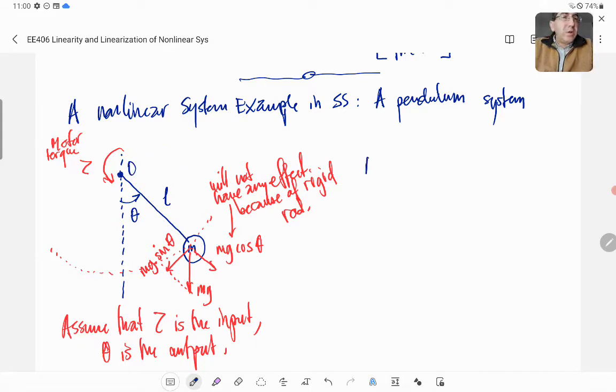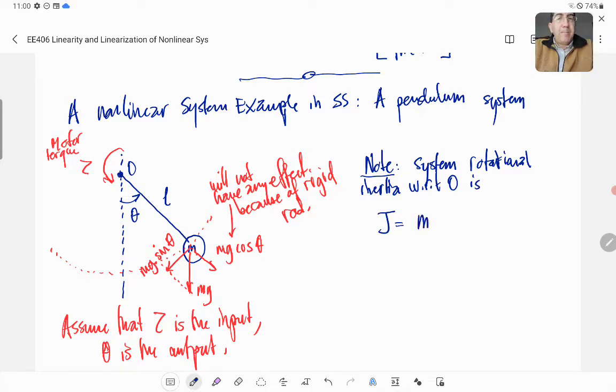Okay, so note the system rotational inertia with respect to O is basically J, which is m times L squared. Okay, so the system has an inertia with respect to O, and that is given by mL squared.